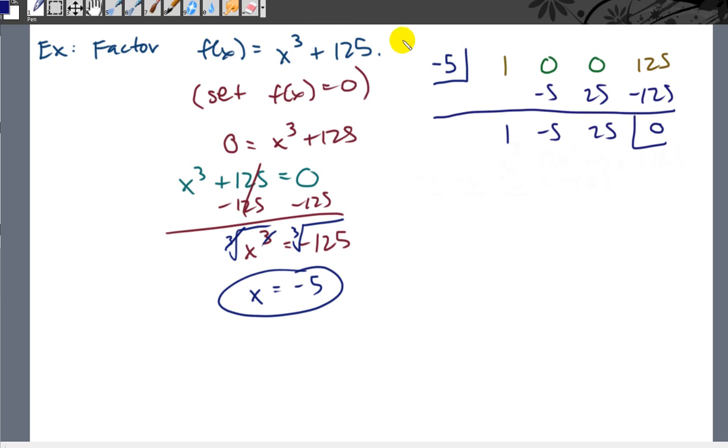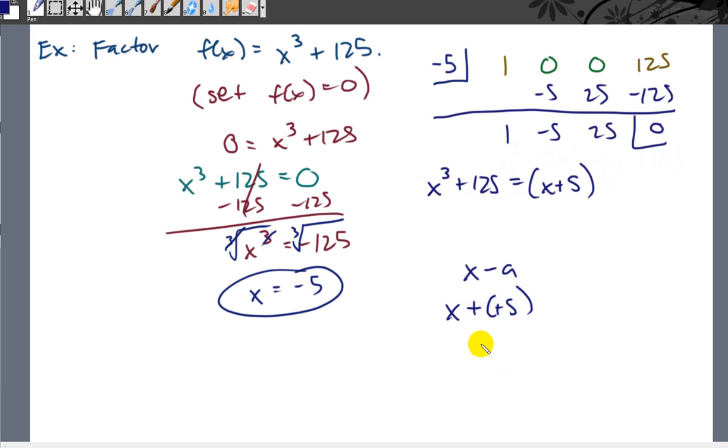If we were to factor this, x cubed plus 125 is the same thing as x plus 5. The reason I got x plus 5 is that this is x minus a, so x minus a negative 5 turns positive, and that's how we get x plus 5.